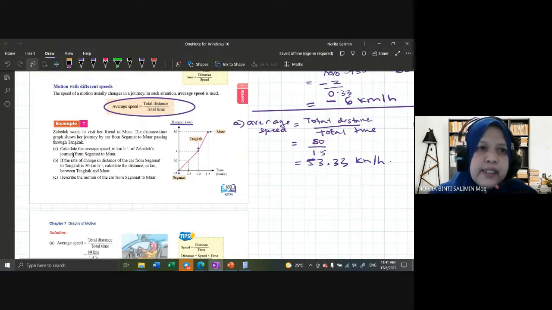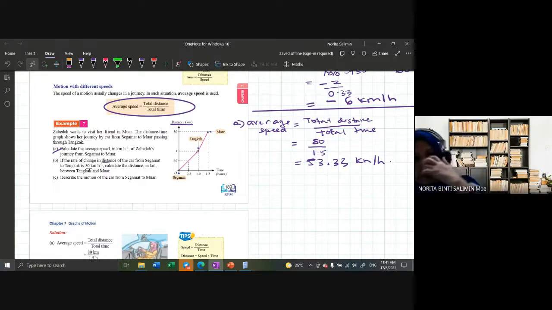Okay, number one A. Okay, we have calculated the average speed. Okay, B. If the rate of change of distance of a car from Segamat to Tangkak is 50 km, the rate of change in distance is 50 km.